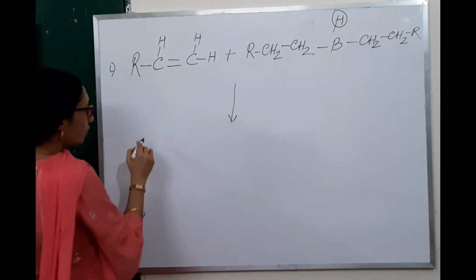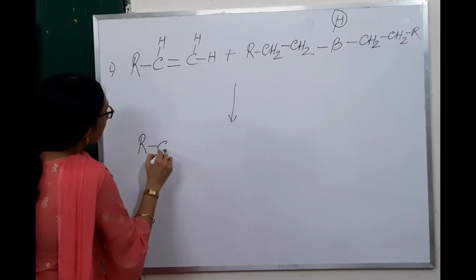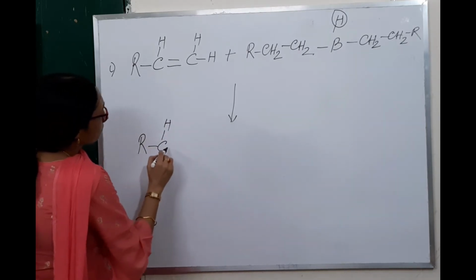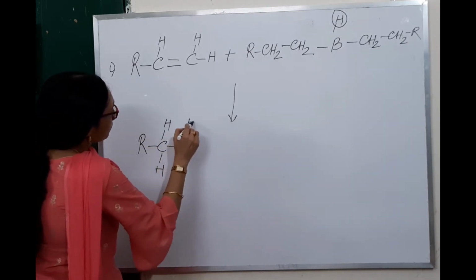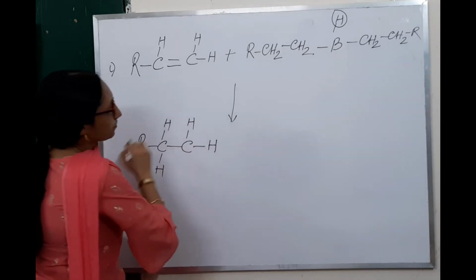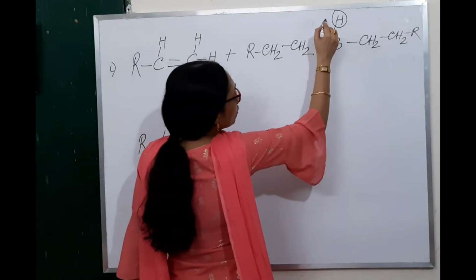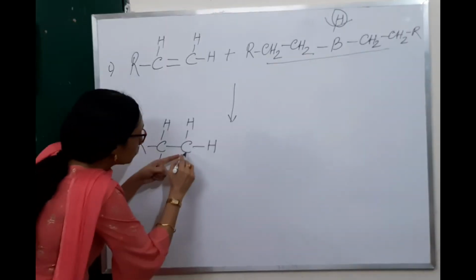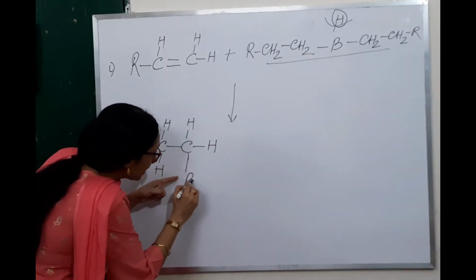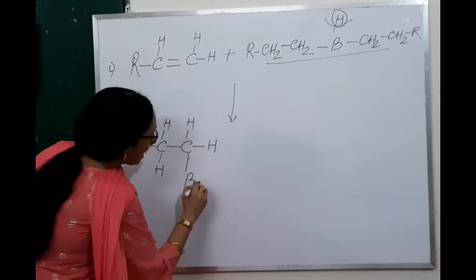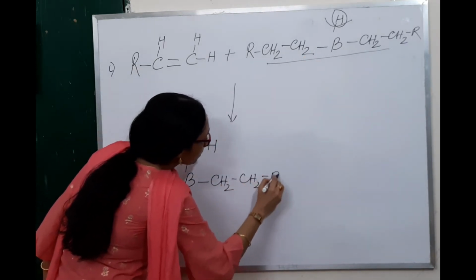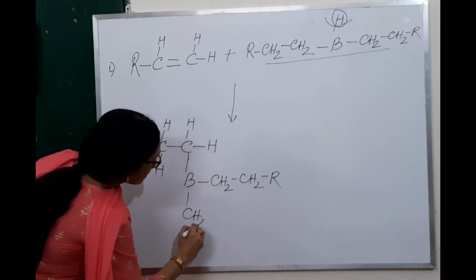To this carbon, Markovnikov's addition. Now what is left? These two you have added. So this part is left now. So this carbon will get connected to this boron and this boron is connected to these alkyl groups.